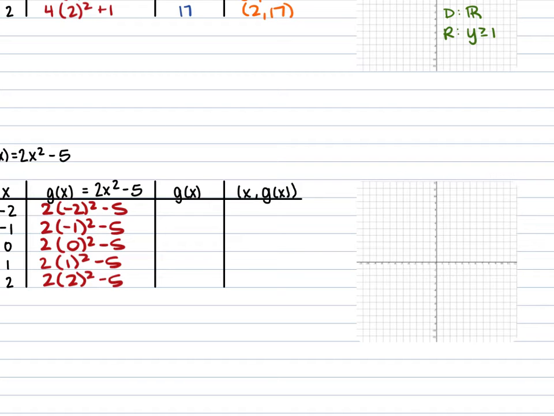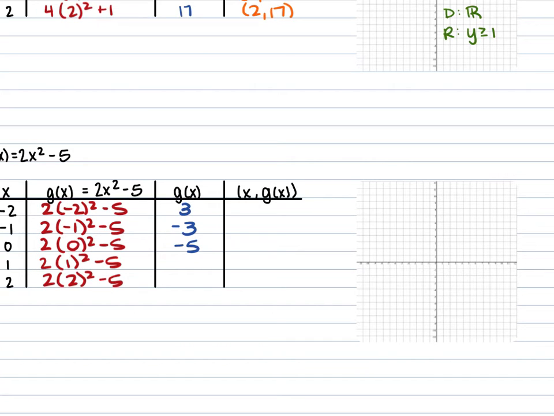From here, that -2 squared is 4. 4 times 2 is 8. 8 minus 5 is 3. The -1 squared is 1 times 2 is 2. 2 minus 5 is -3. The 0 squared is 0 times 2 is 0 minus 5 is -5.